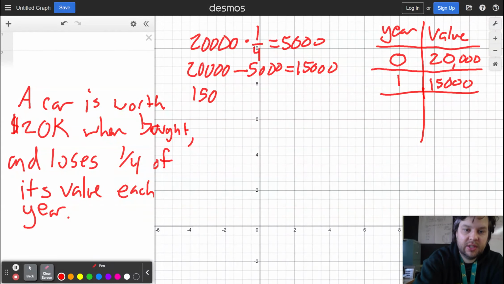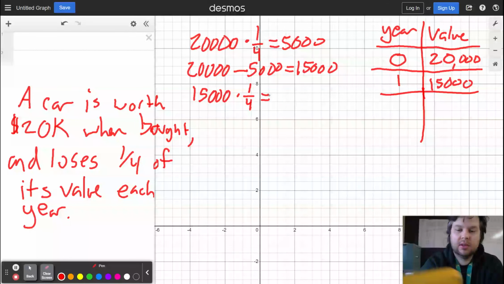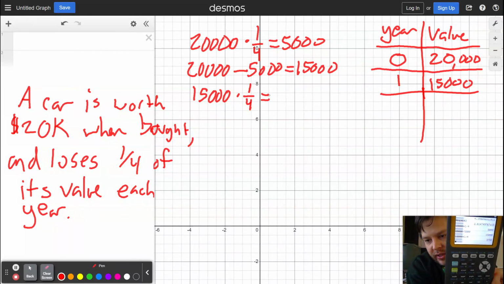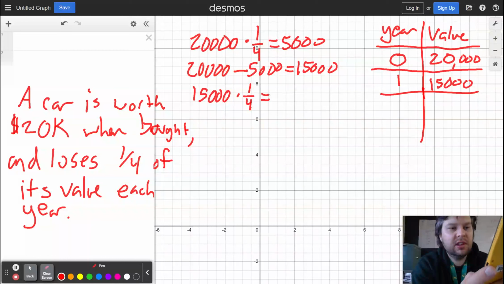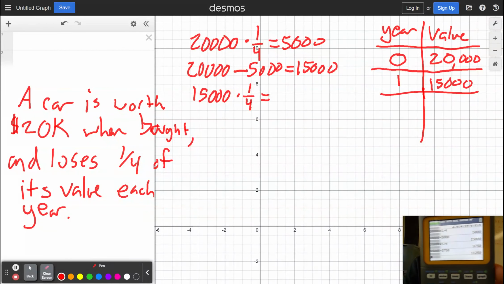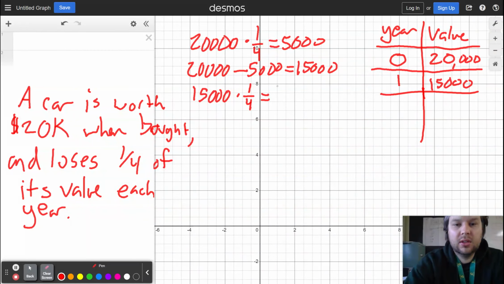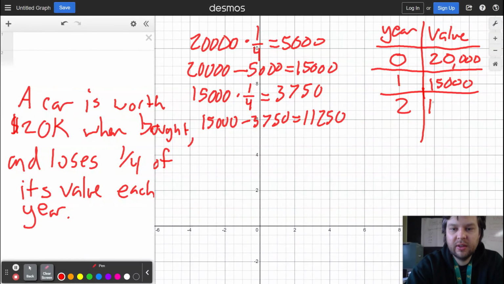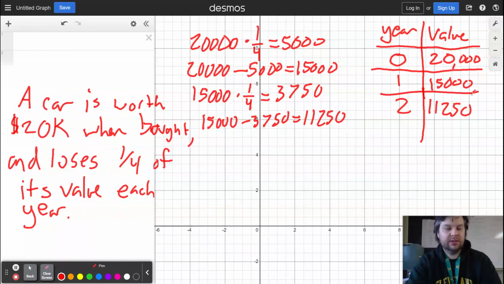Now our car is worth 15,000, so we go times a quarter. 15,000 times 1/4 looks like 3,750. Then 15,000 minus 3,750 is 11,250. So that's the value of the car after 2 years.